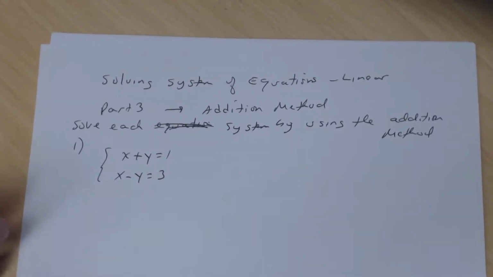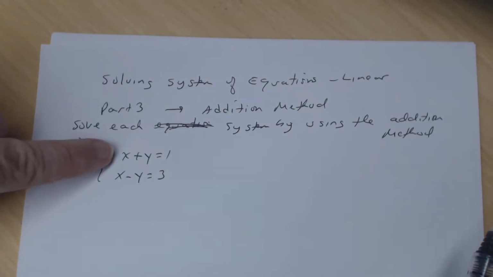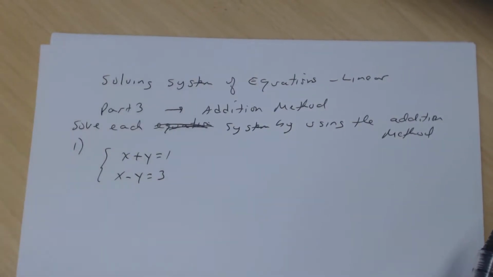All right, so basically the idea behind the addition method is this. At some point, you're going to be adding those two equations together, so you can be combining like terms. And you want one of the variables to disappear. You want one of the variables to be eliminated.